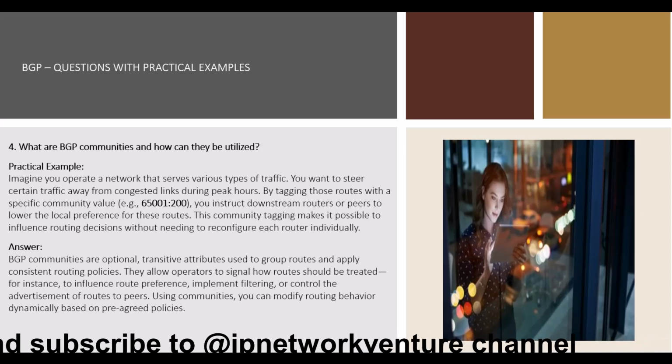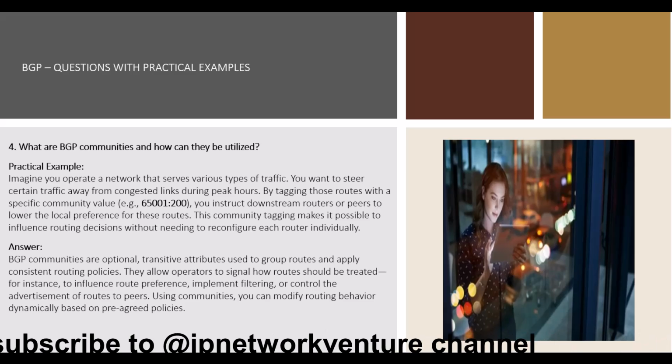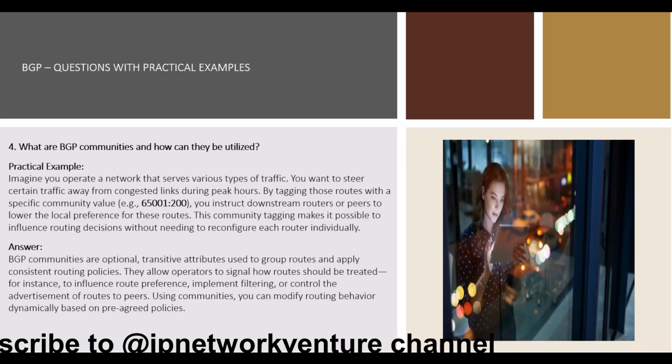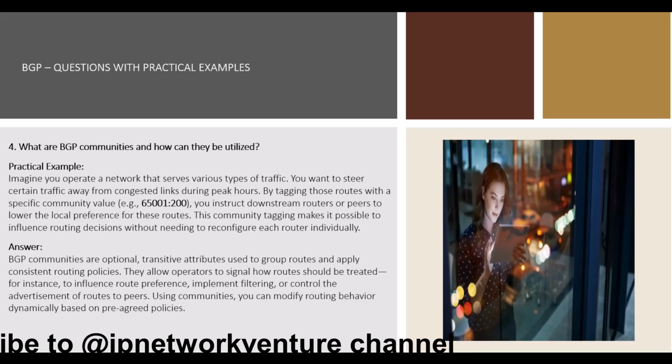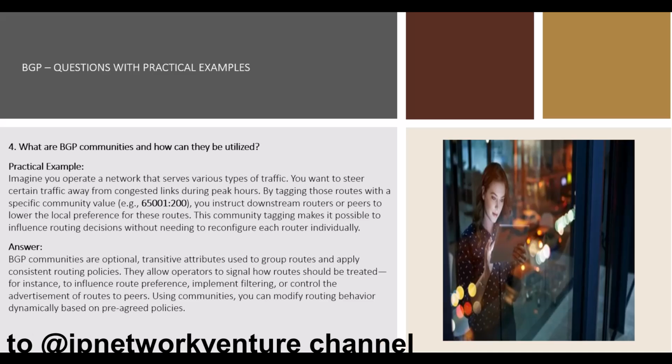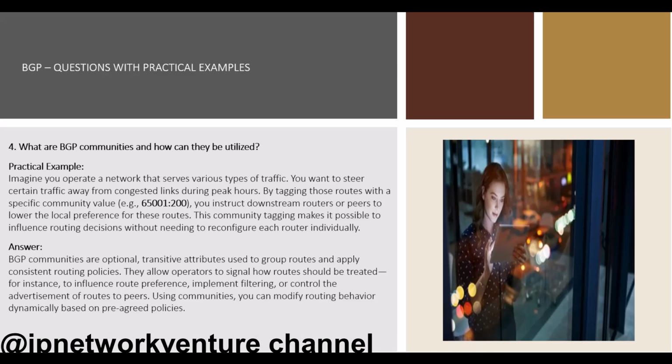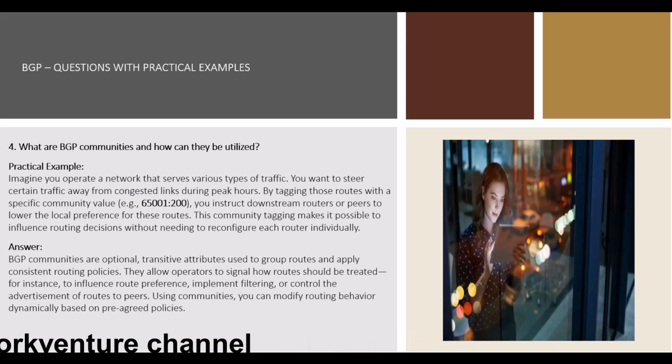This community tagging makes it possible to influence routing decisions without needing to reconfigure each router individually. So basically, BGP communities are like shortcuts so that things get done quickly.